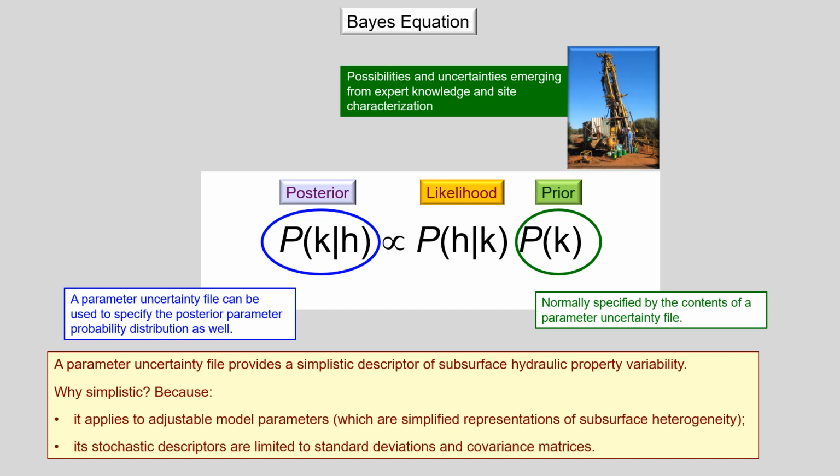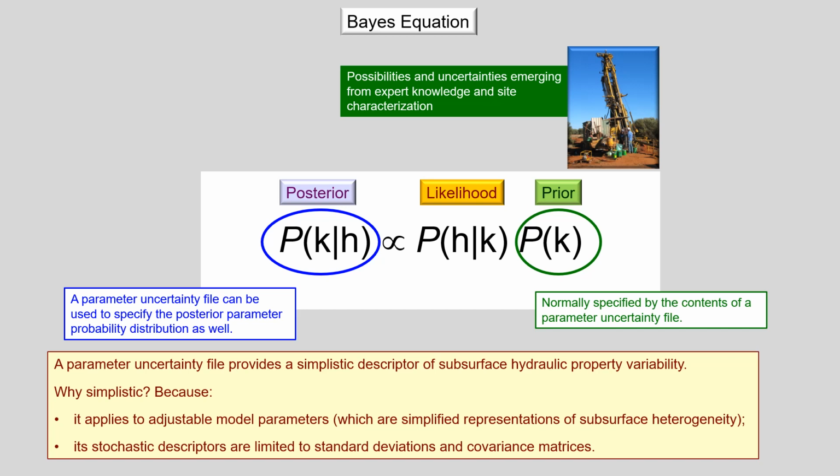The other reason why the contents of a parameter uncertainty file are a simplistic description of hydraulic property variability is because a parameter uncertainty file, as we'll see in a moment, can only contain standard deviations and covariance matrices. These are simplistic geostatistical descriptors.